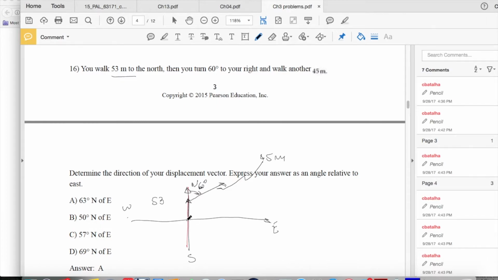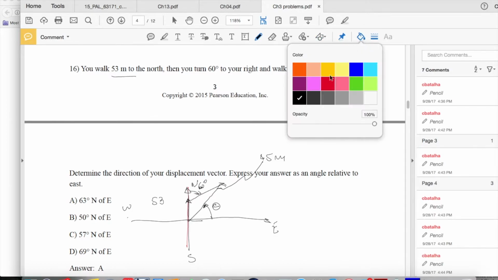So we have to find an angle relative to east. So you go like this, right? And we want to find this angle over here. We don't know the angle, theta. So what is our run? Let me put the run in a different color. In red, here's the run.